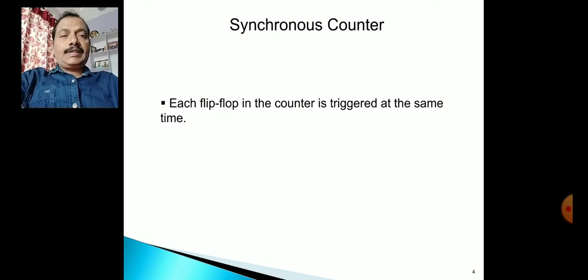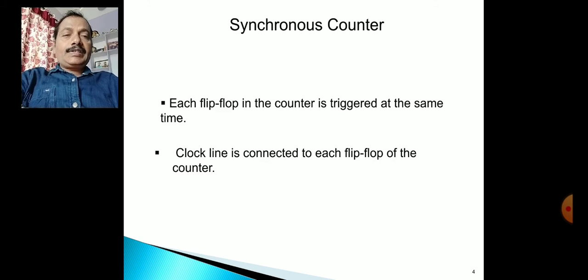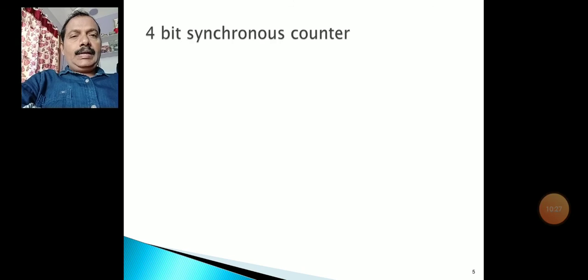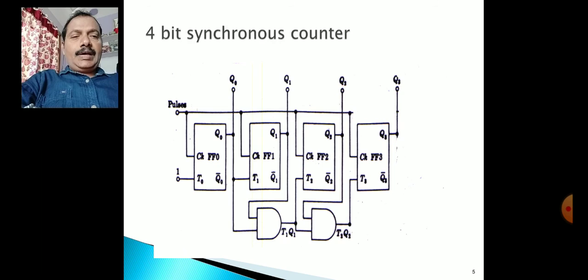Let us see the synchronous counter. In the synchronous counter, each flip-flop of the counter is triggered at the same time, and a clock line is connected to each flip-flop of the counter. That is the synchronous counter configuration. Let us consider the 4-bit synchronous counter.